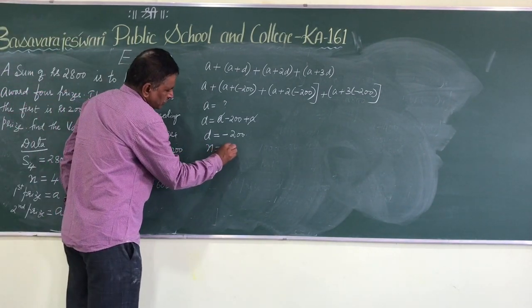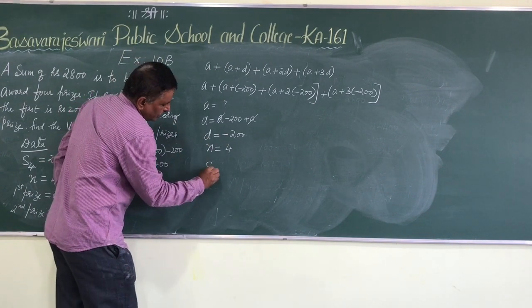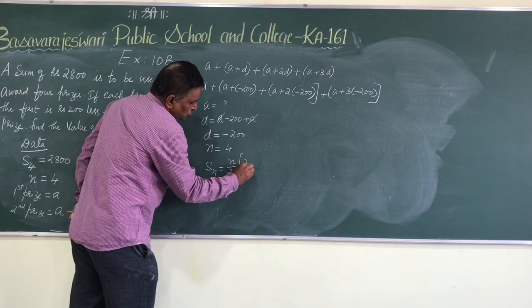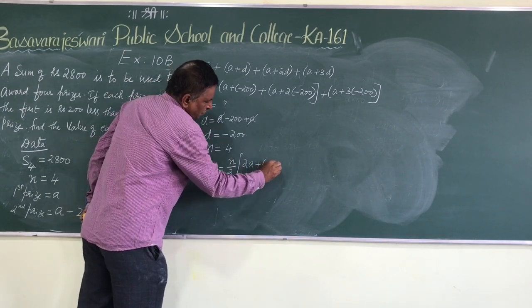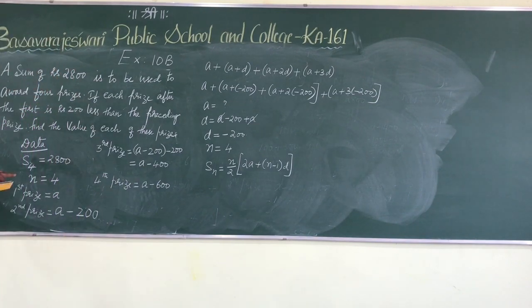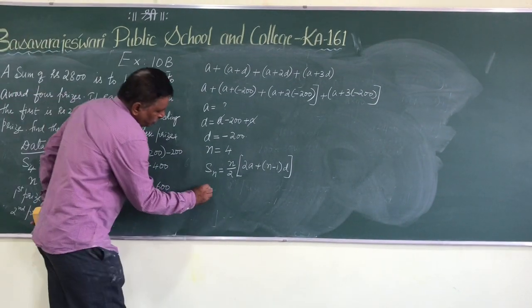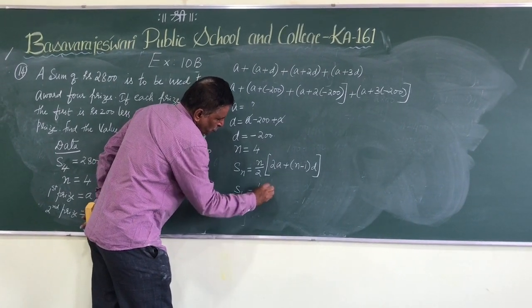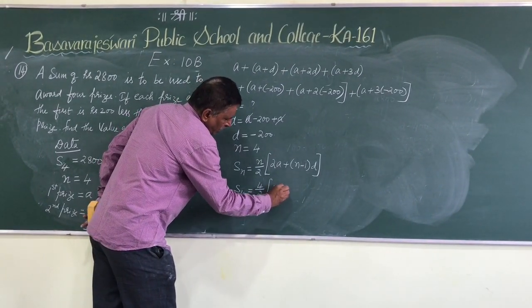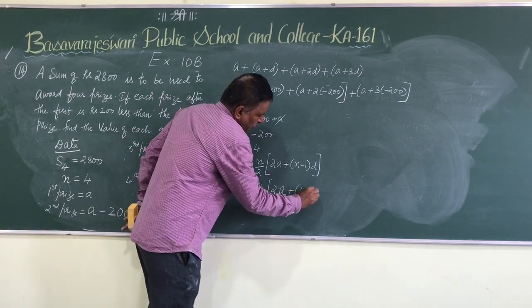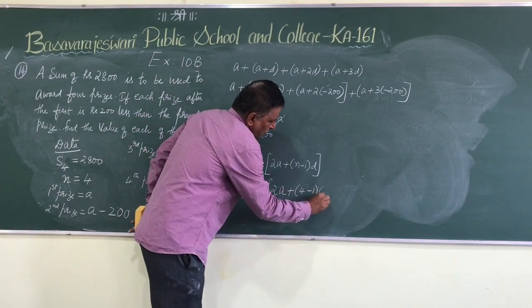4 prices. So which formula do we use? Sn is equal to n by 2 of 2A plus n minus 1 into D. So sum of all the prices, Sn, he has already given. Sum of all the 4 prices, S4 is equal to 4 by 2 of 2 times A, we don't know, plus n minus 1, that is 4 minus 1, into D, which is minus 200.